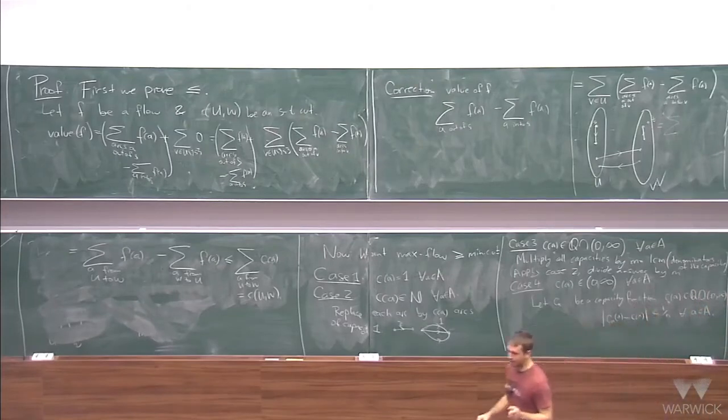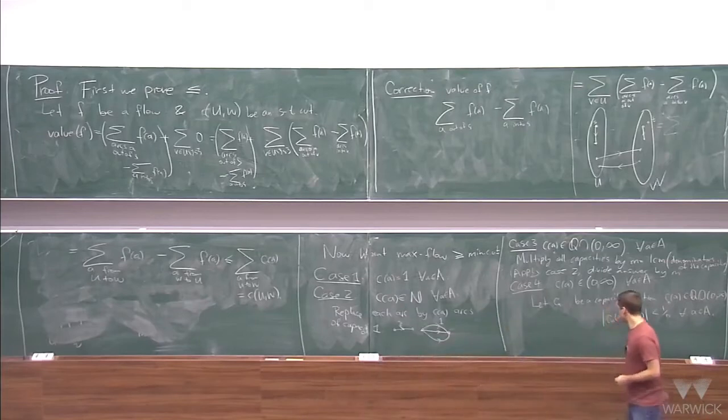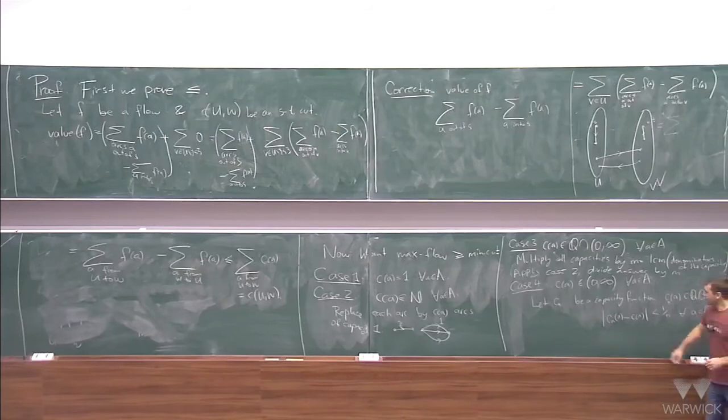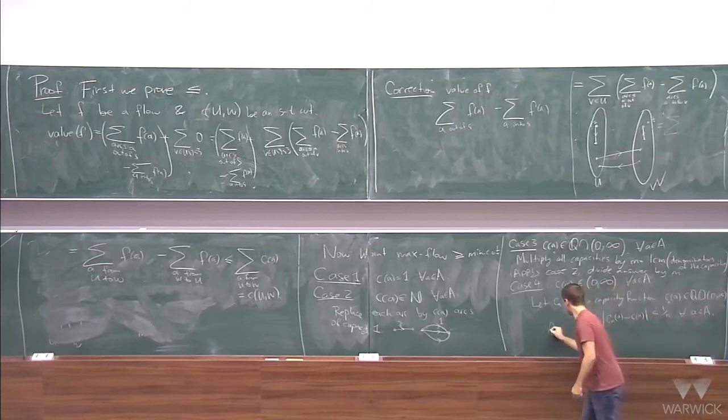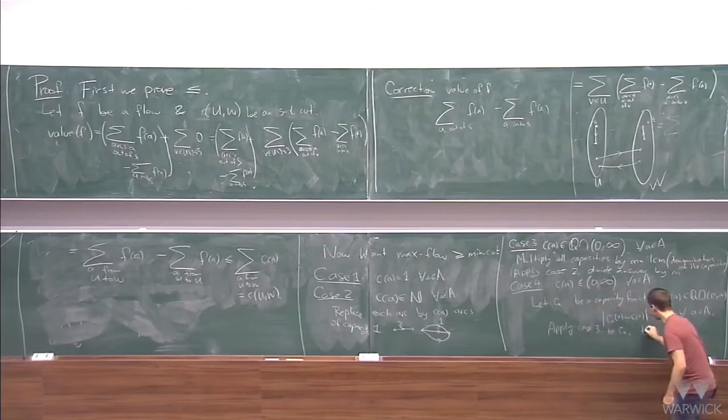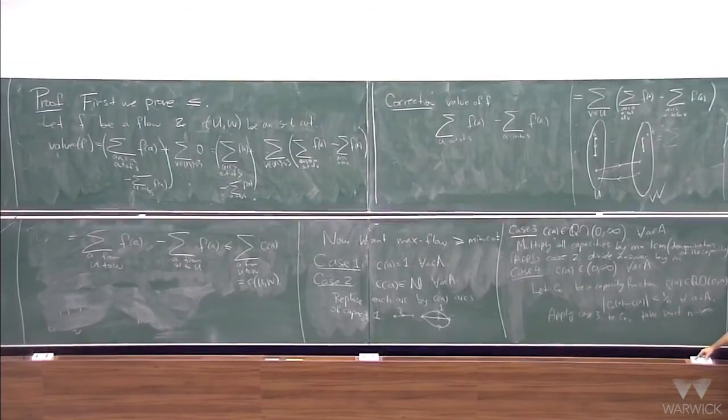Maybe if you ask me after, it's better because I've got 10 minutes, but let's be safe and make sure I can get through the proof. So you can approximate reals by rationals, and you apply case 3 to Cn, take limits as n goes to infinity, and you'll get the result. Perhaps I won't do all the details there, but that's kind of standard.